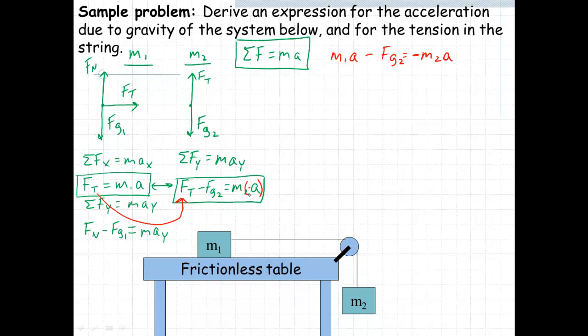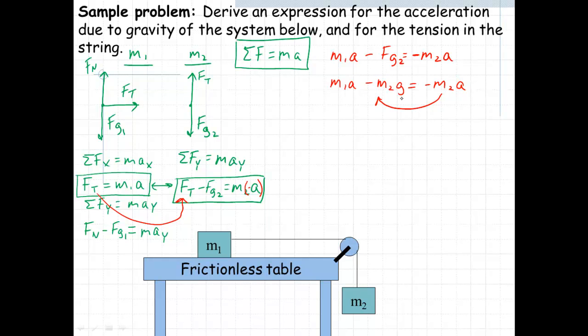All I've done there is take the negative sign out of here and put it in the front of these two products. So now I've got M1A. I know that Fg2 is equal to the mass of object 2 times the acceleration due to gravity, and that's equal to minus M2A. I want to solve this for acceleration, so I want all the accelerations on the same side.